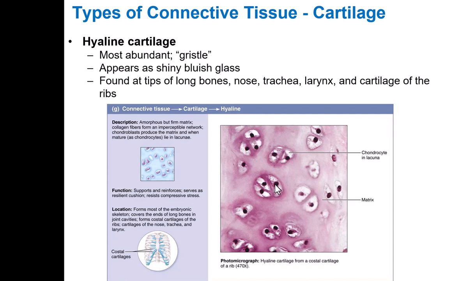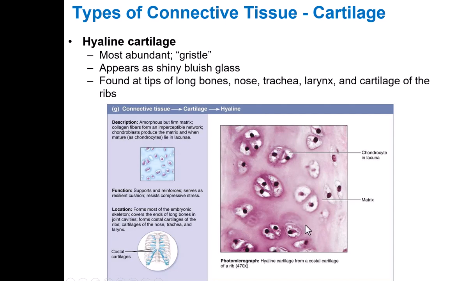I would consider the lacunae in hyaline cartilage to be medium-sized. So the other two cartilages, the lacunae will be either bigger or smaller than this. There are fibers within this cartilage. They're not as defined.